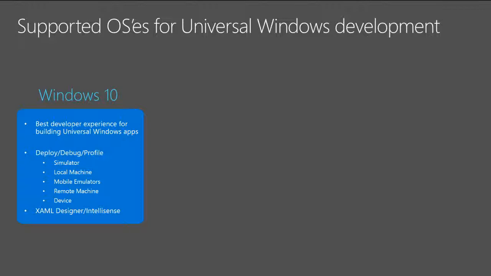If you are on both the latest and the greatest, you get deployment to everything. That is, you can deploy to a simulator, a local machine, device, emulators, and remote machines. If you're interested in the fidelity of the designer, if you use a XAML designer or other coding constructs a lot, you can be guaranteed to have a full fidelity designer and a complete IntelliSense experience.